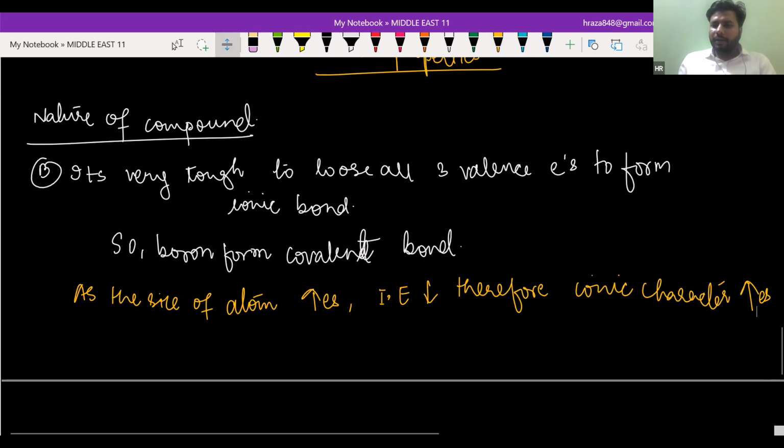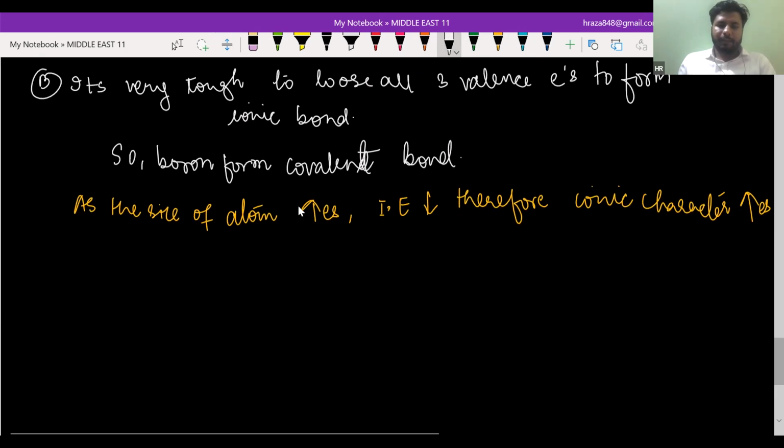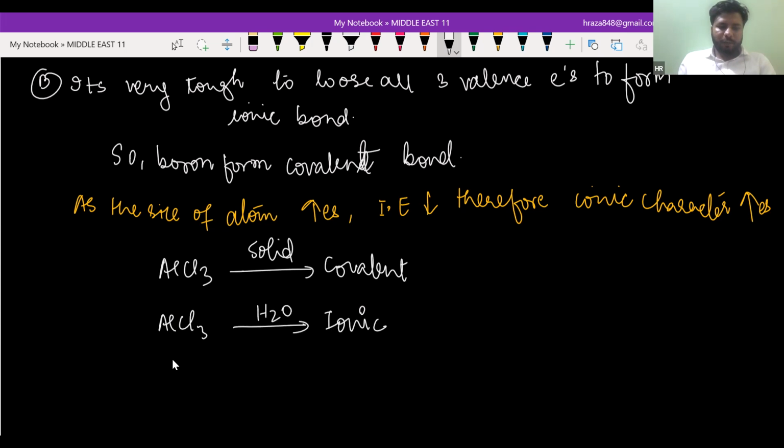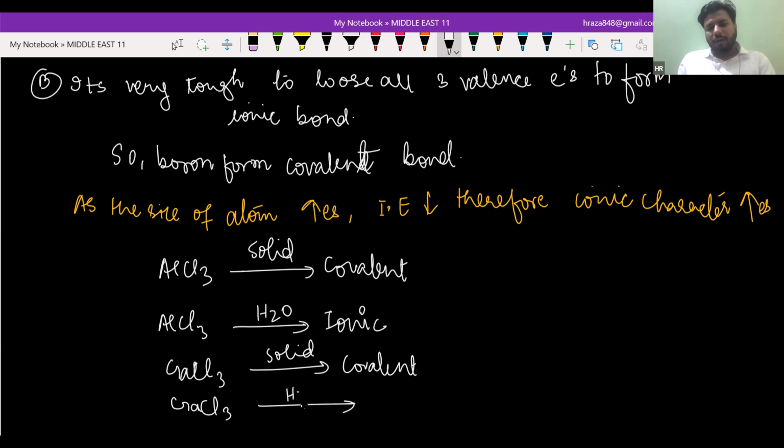That's why AlCl3 in solid state is covalent in nature, whereas in H2O it is ionic in nature. When we talk about GaCl3, it is the same: solid is covalent and GaCl3 in H2O acts as ionic.